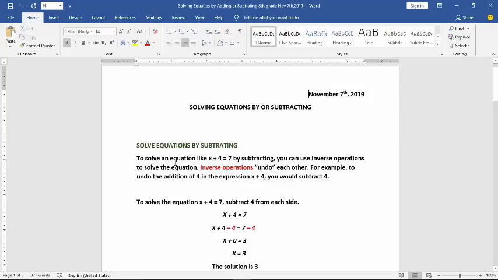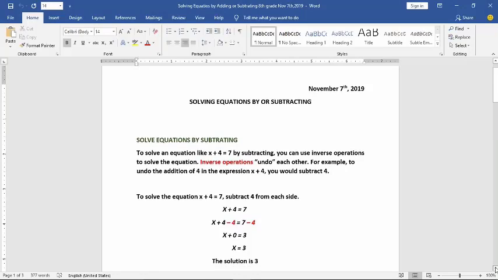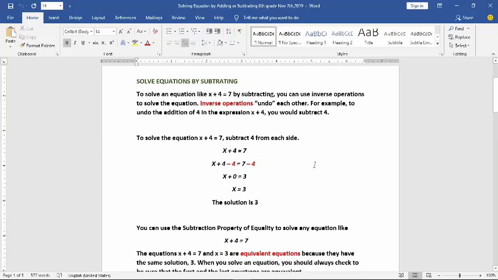To solve an equation like x plus 4 equals 7 by subtracting, you can use inverse operations. What are inverse operations, Miss Vidya? You just need to undo each other.